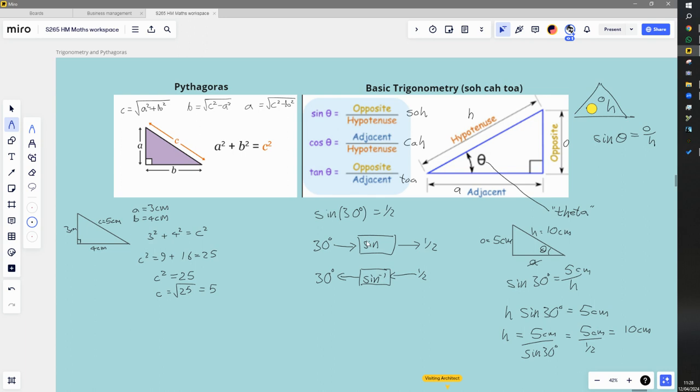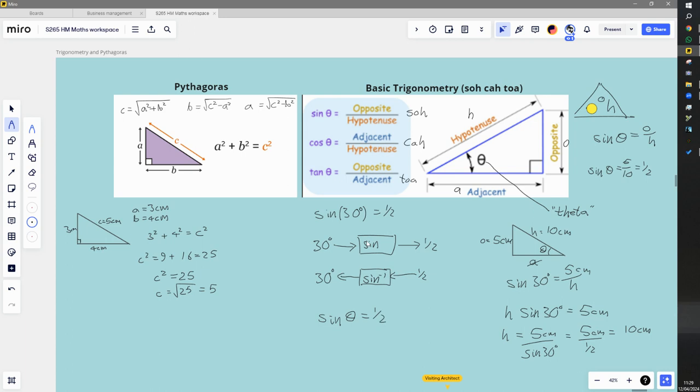Then I can work out what sine theta is. Sine theta is equal to opposite over hypotenuse, 5 over 10, which is a half. But that's not what theta is, that's what sine theta is.